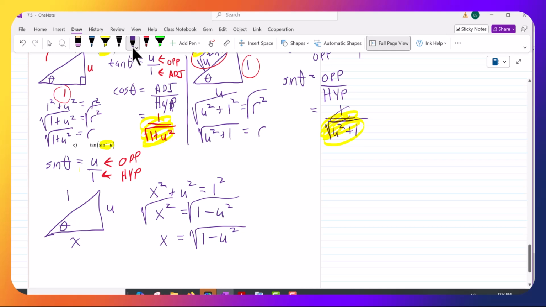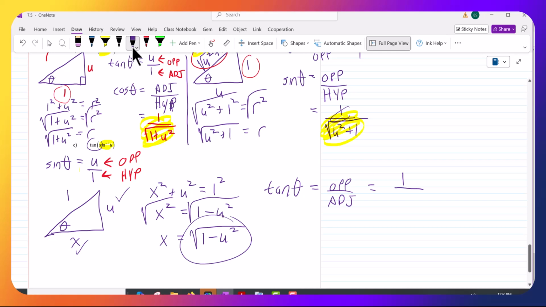So ultimately we're doing a tangent. The tangent of theta by definition is opposite over adjacent. Okay, so the opposite is going to be u. The adjacent will be what we found x to be.